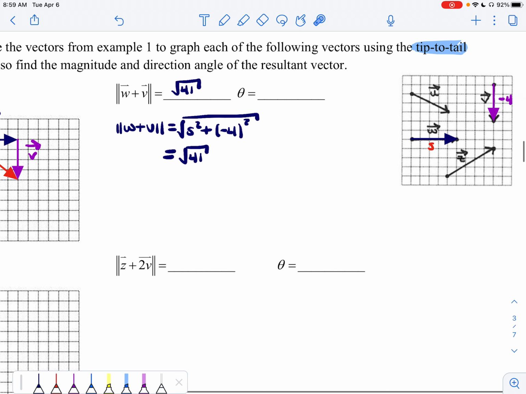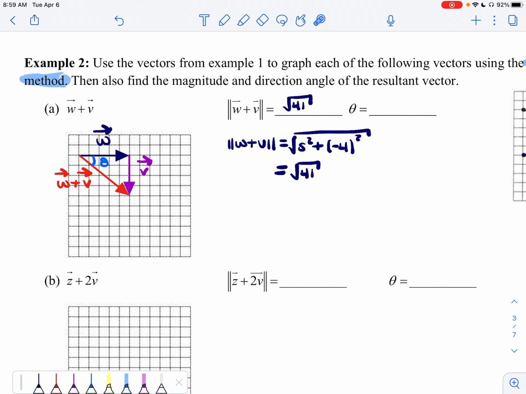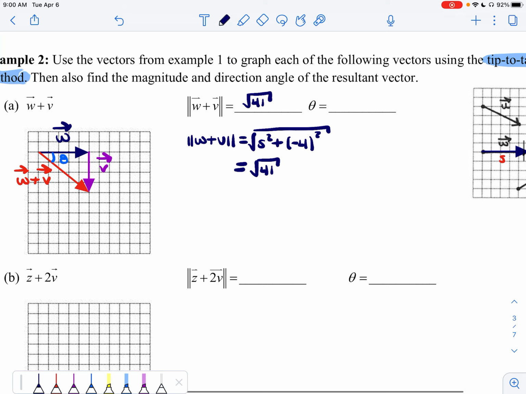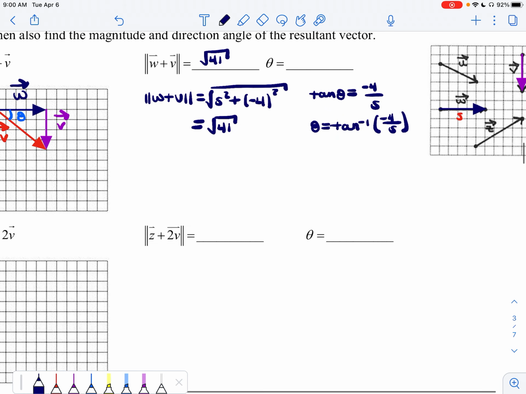Then for our direction angle, I'm going to measure our angle theta from the x-axis. We can use our tangent function again. Tangent is opposite over adjacent. So this was 4 down, 5 right. So tangent of theta is equal to -4 over 5, where theta would be the inverse tangent of -4 over 5.